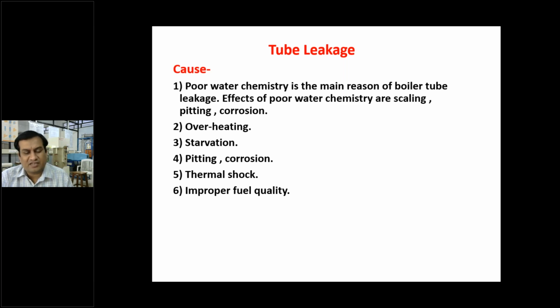Then that acts as a heating resistance to the boiler. So whatever heat you provide to that tube, it is not going to absorb 100%. So the efficiency of that tube is going to reduce, and due to that we have to provide high heat, high temperature, which is not recommended at all.